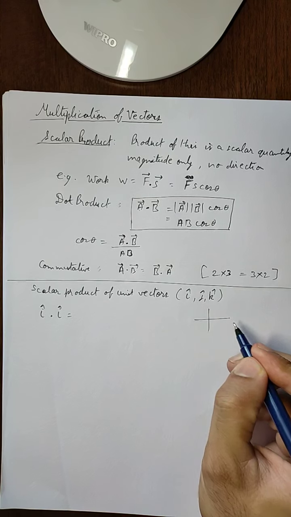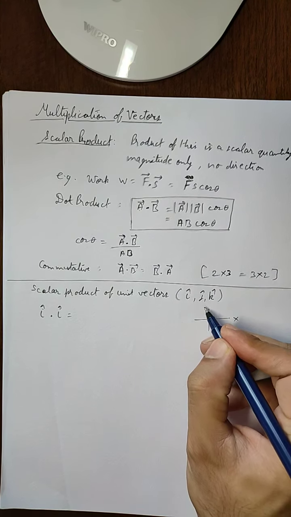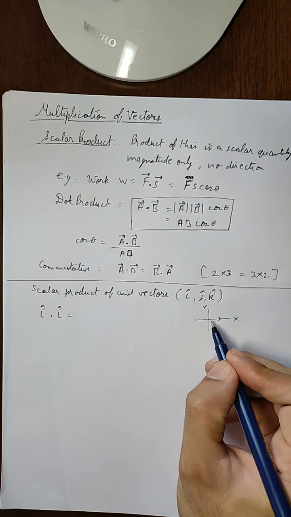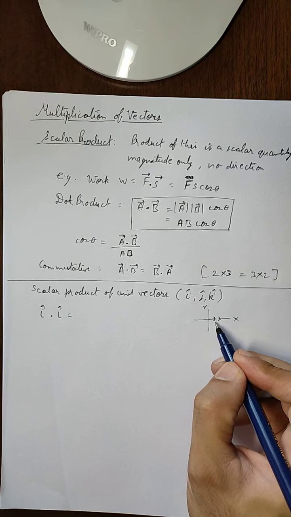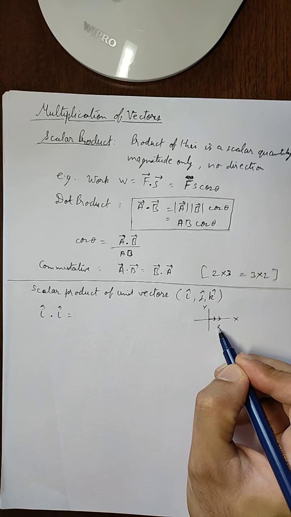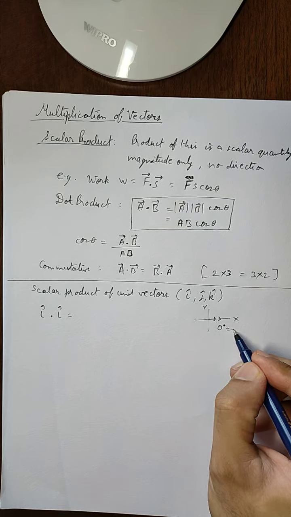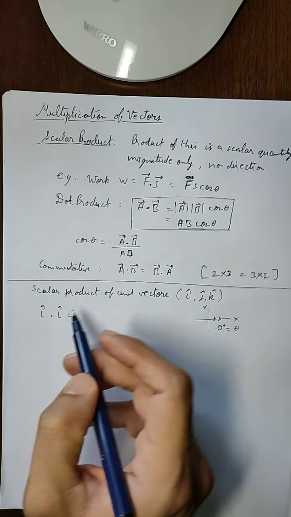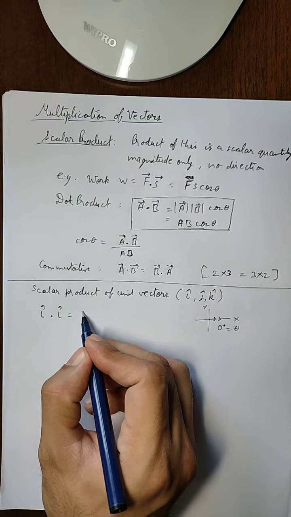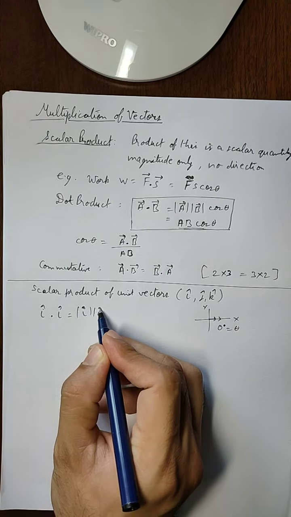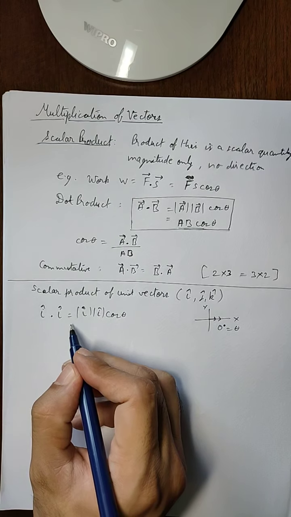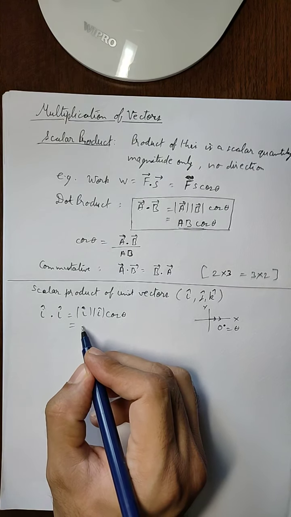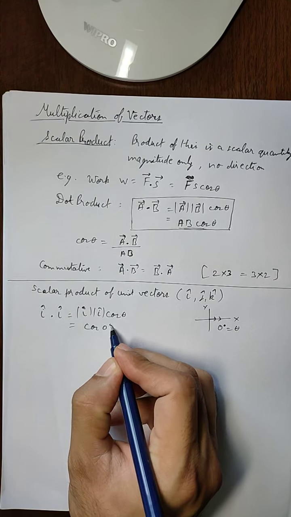Now if this is the x and y axis, then i cap will be along the x axis, and the other i cap will also be along this x axis. This means the angle between both of them is 0 degree. Theta is equal to 0 degree. If I apply this formula here, then it will be magnitude of i cap into magnitude of i cap cos theta, or we know the magnitude of unit vector is 1, so it will be 1 cos theta, and theta is 0 degree, so it will be cos 0 degree.